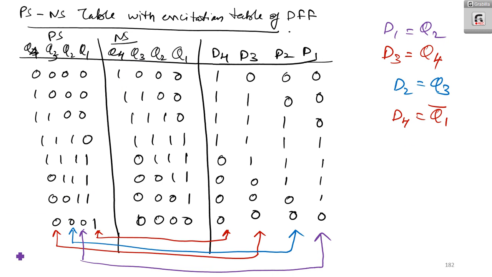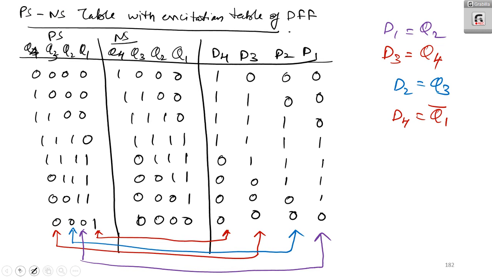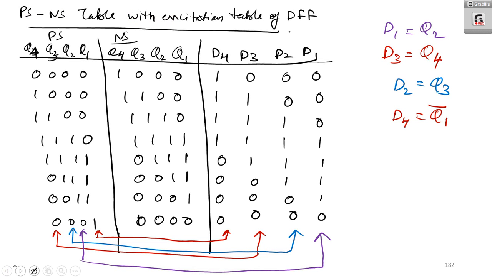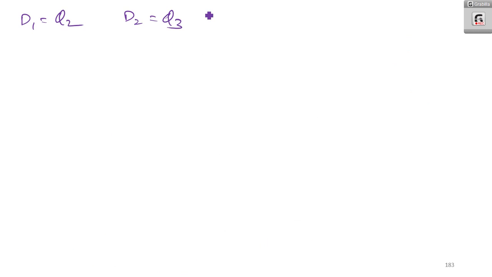So writing it in a particular order, you will get D1 is equal to Q2. Then D2 is equal to Q3. Then comes D3 is equal to Q4. And the last one is D4 is equal to Q1 bar.